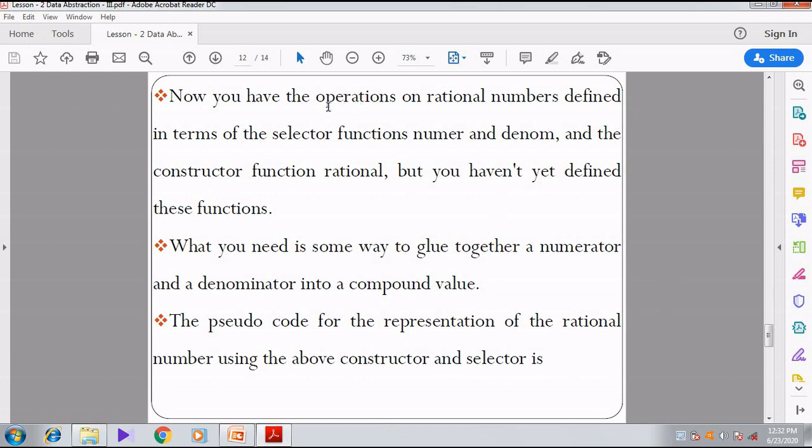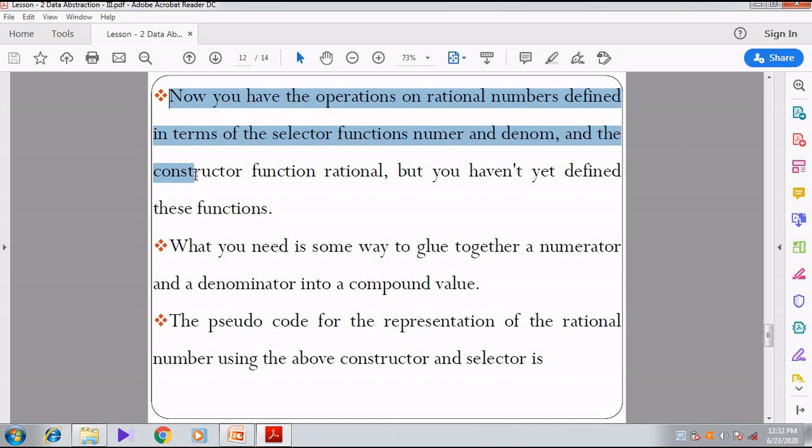Now you have the operations on rational numbers defined in terms of selector functions, numerator and denominator. From this you can understand that using the numerator function and denominator function, we can find out what operations they are going to do.